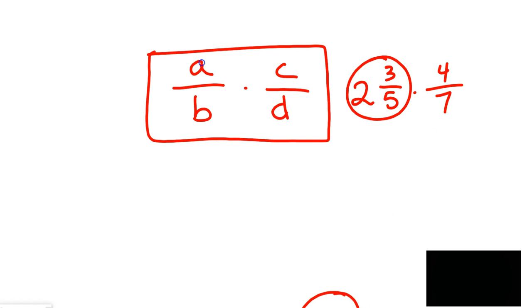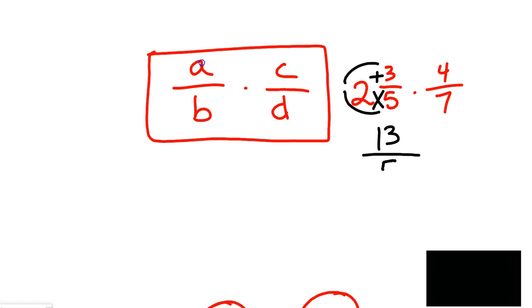I have a mixed number. To get it into a over b, I need to get it into an improper fraction. So remember, multiply, add. 5 times 2 is 10, plus 3 is 13 over 5, over the same denominator, times 4 over 7.